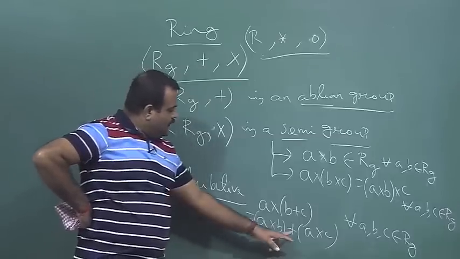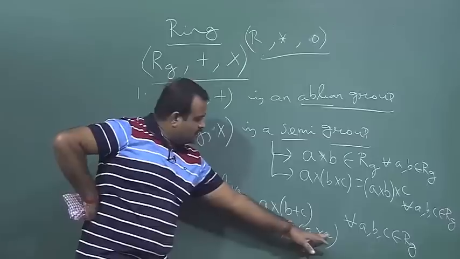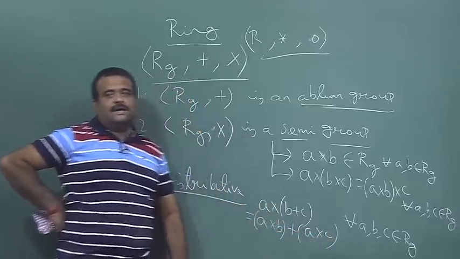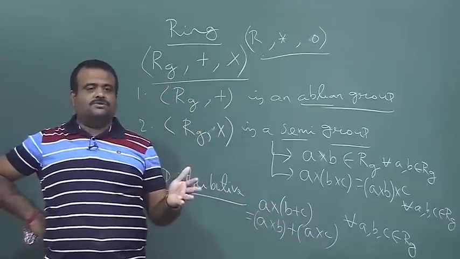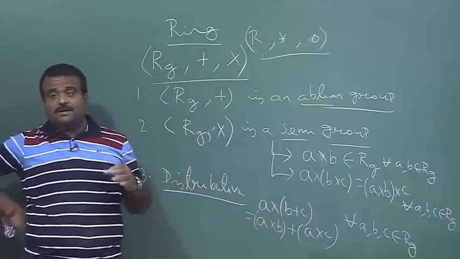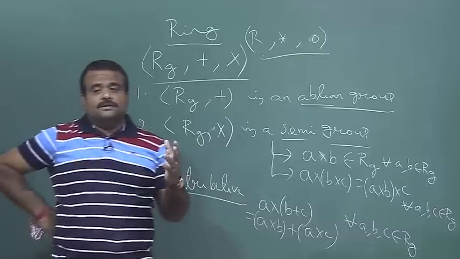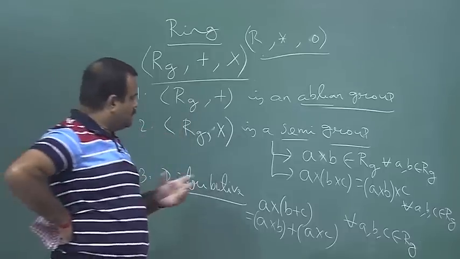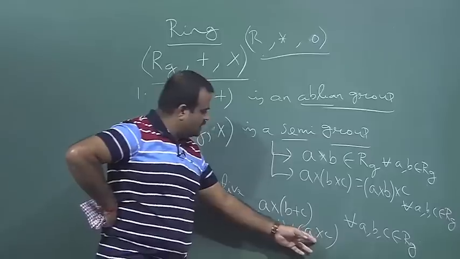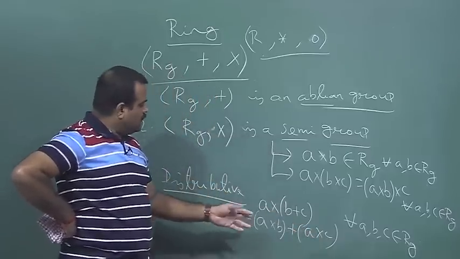And then this is A in R, C in R, so A cross C is also in R. This is not real number multiplication, this is some operator, but for simplicity we are taking the real number sense like plus, dot.